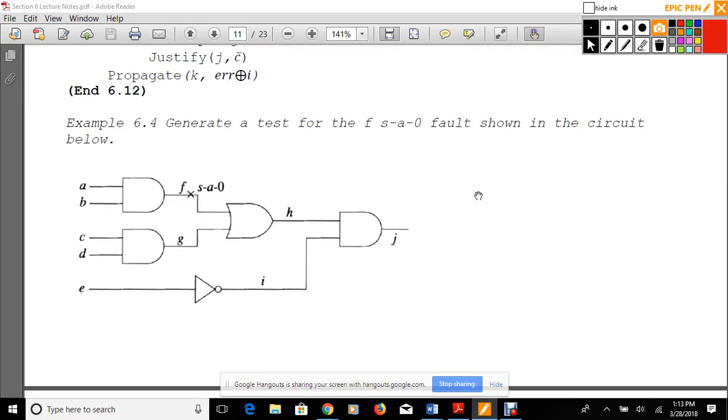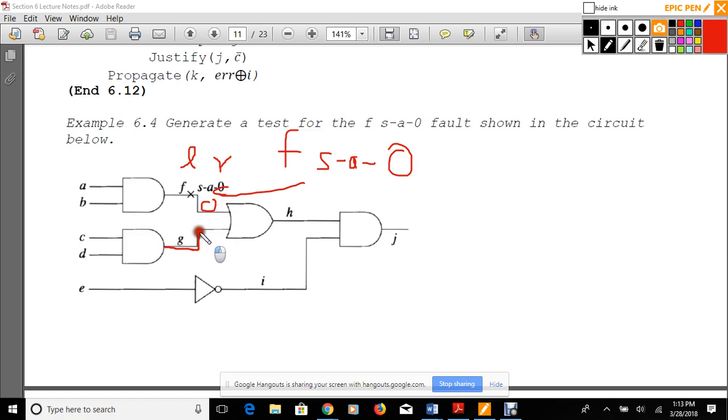So we have a situation here where we have no fan out and no sequential circuits, right? And we have L stuck at V. So F is stuck at 0. And since it's stuck at 0, you can kind of get a general idea.